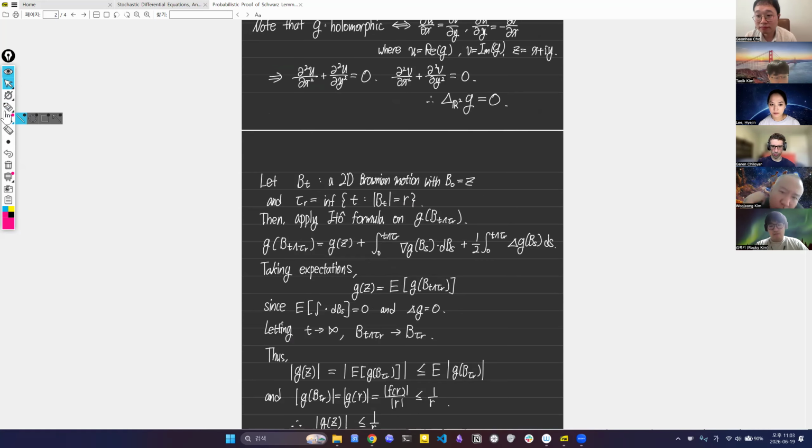So we will define the 2D Brownian motion, and we will introduce a stopping time R, which we can easily understand as the time to hit the boundary of the disk at first.